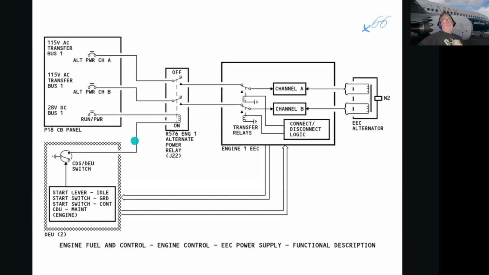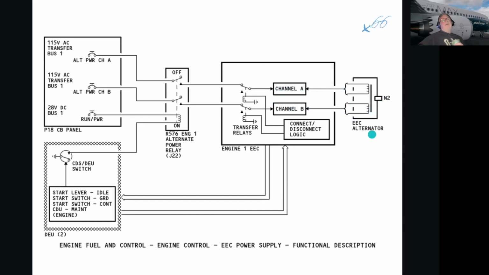This gives the alternate power relay, and once this closes, it enables alternate power to channel B and alternate power to channel A, to connect 115 volts to that one and 115 volts to that one. Supply power when the engine is not rotating.